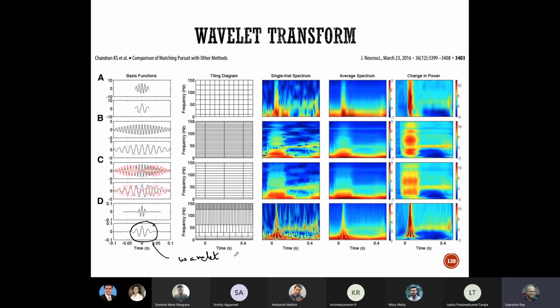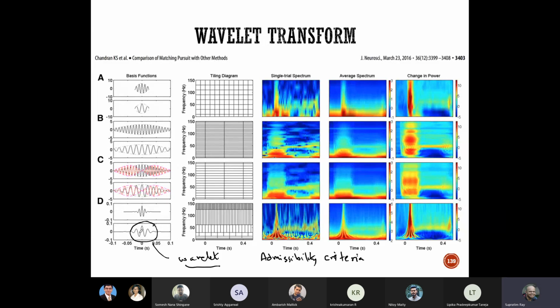I won't really talk about those properties in a lot of detail. There are some conditions called admissibility criteria, which a wavelet needs to satisfy in order to qualify as a wavelet. So for example, its mean has to be 0. It has to have finite energy. Those are conditions that need to be satisfied. But once a function satisfies it, it is a valid wavelet function.